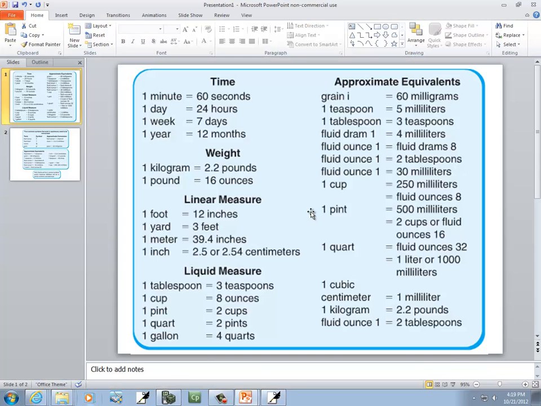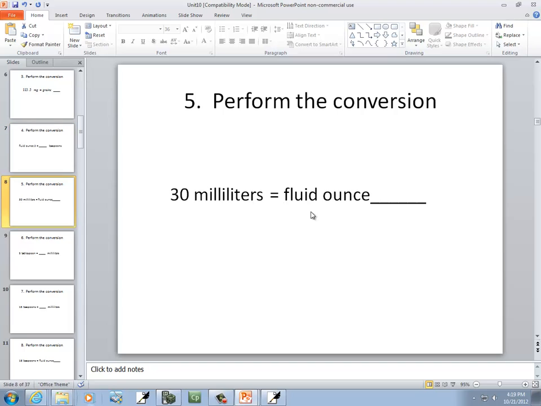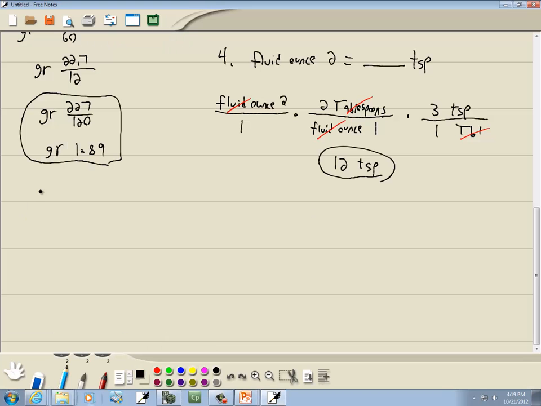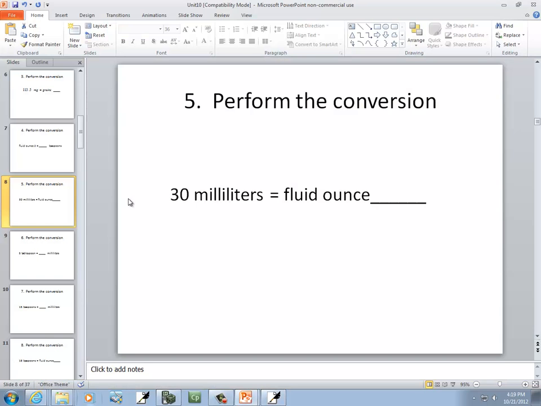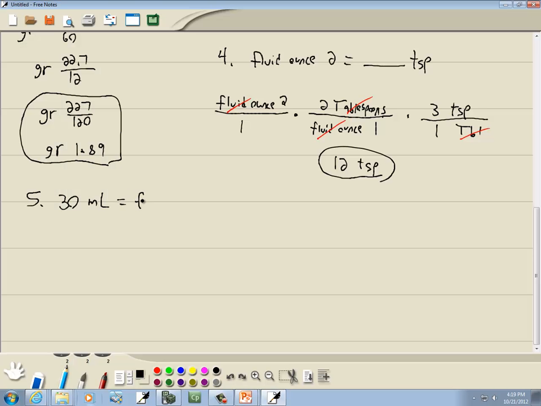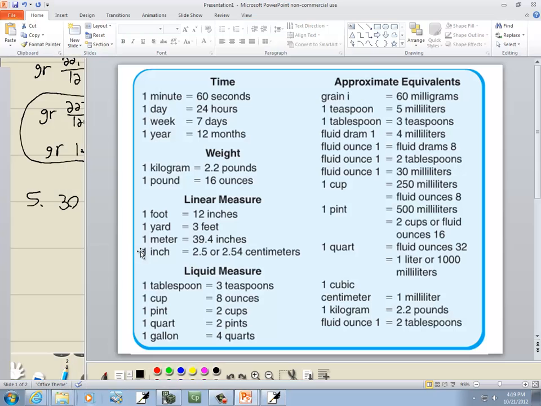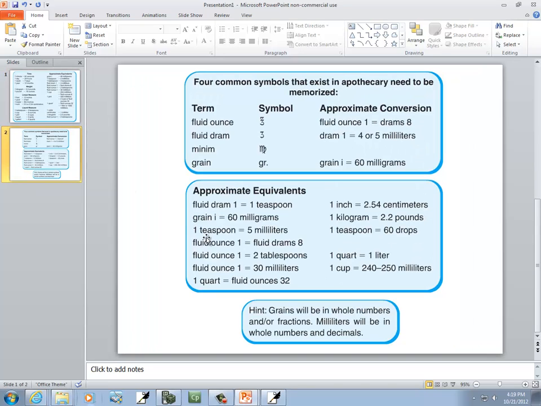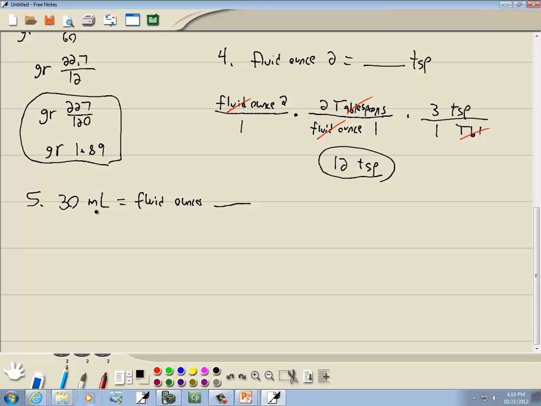Let's look at our 5th example. 30 milliliters is equal to blank fluid ounces. Okay, so some kind of tie between milliliters and fluid ounces. Here it is. 1 fluid ounce is 30 milliliters. Well, that's pretty easy. This already is 30 milliliters, isn't it?